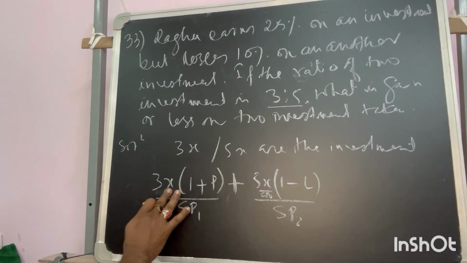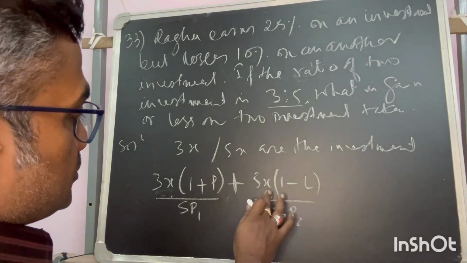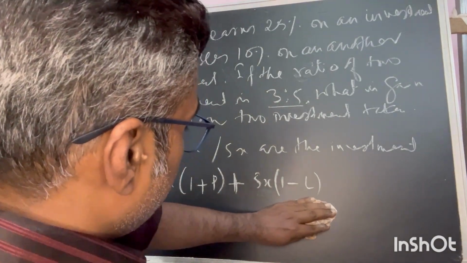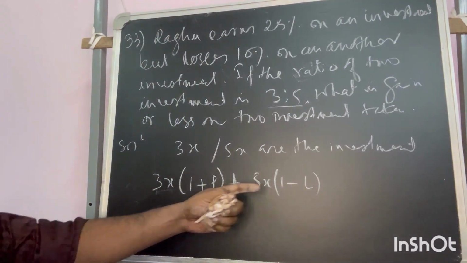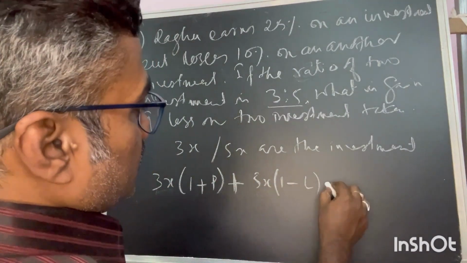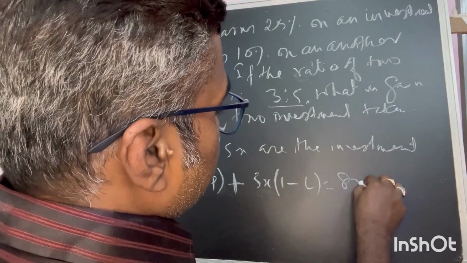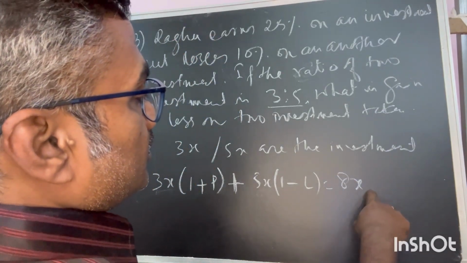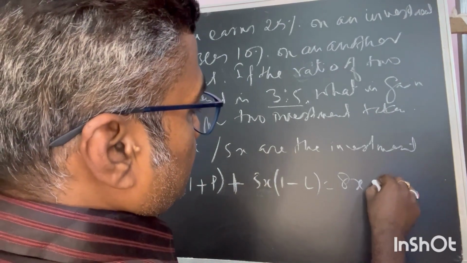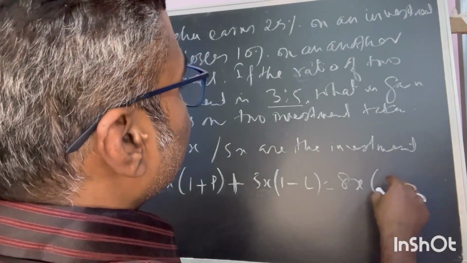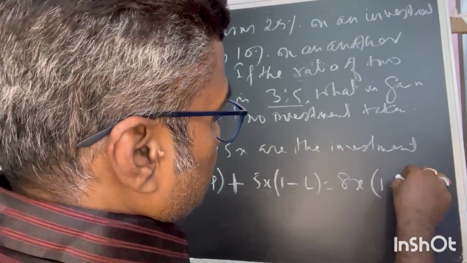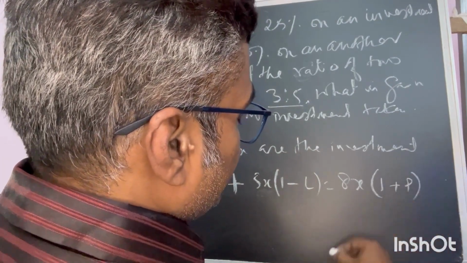So cost price into 1 plus profit, cost price into 1 minus loss, because we know the condition of the transaction: the first case is making profit, the second is loss. This is the total selling price.